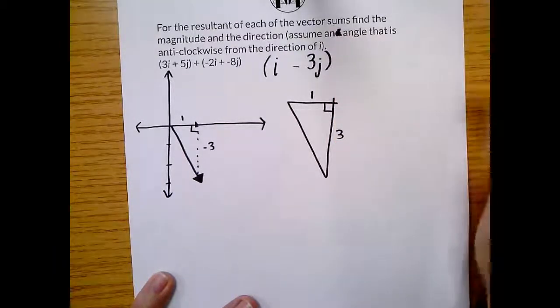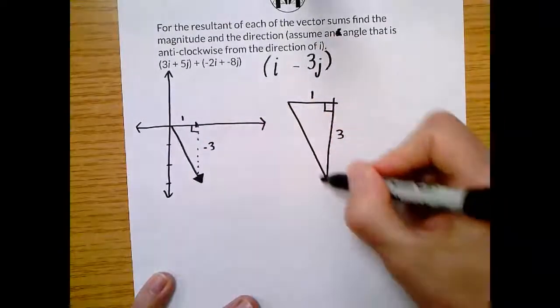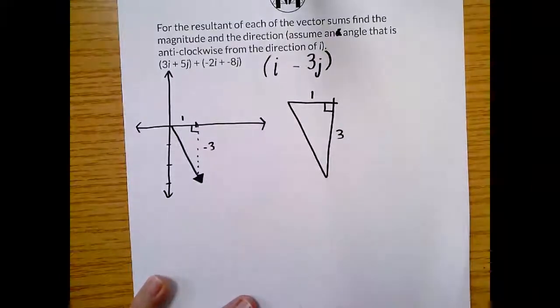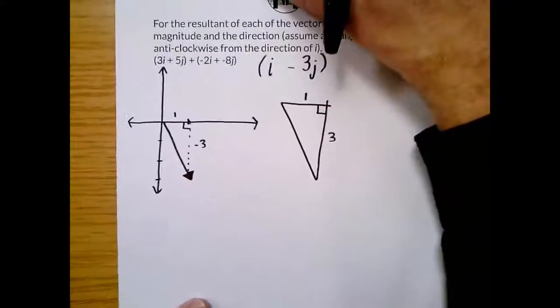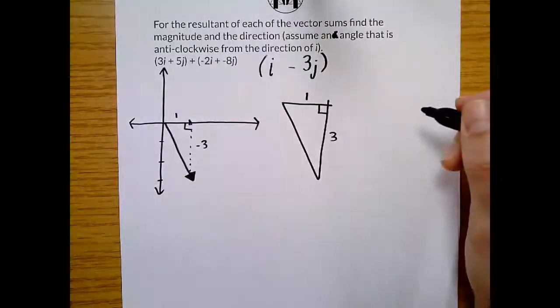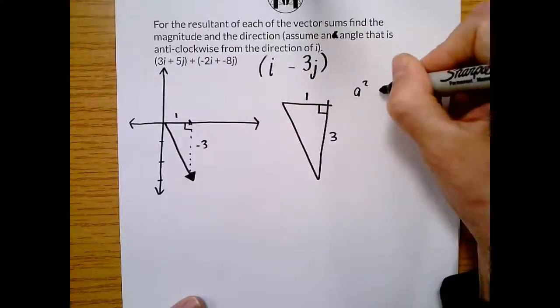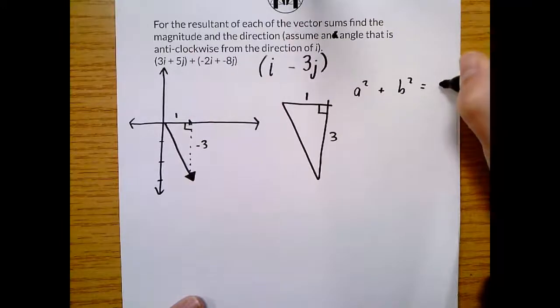When we try to find the magnitude, that's talking about this line right here, the hypotenuse of your triangle. Again, we're doing right triangles, so we either go for the Pythagorean Theorem or right triangle trigonometry. Because I have both sides, I'm going to go to the good old-fashioned Pythagorean Theorem. a squared plus b squared is c squared.